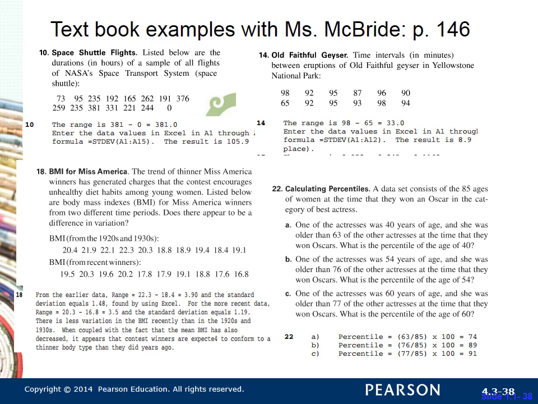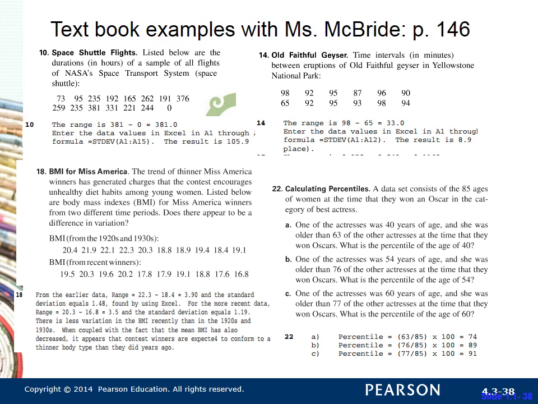What is the percentile of the age of 40? So what I'll do is, I know she was older than 63 of the others, so I've already subtracted my 1. So I do 63 divided by how many we had, were 85, times 100, so you can see the answer underneath. The percentile then would be 74%. So in the 74th percentile.